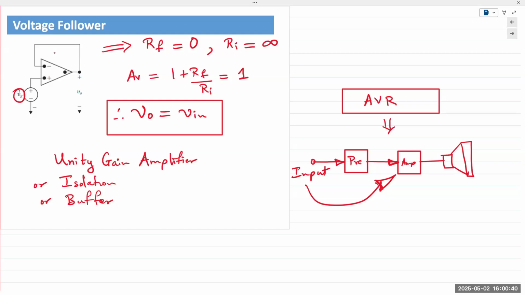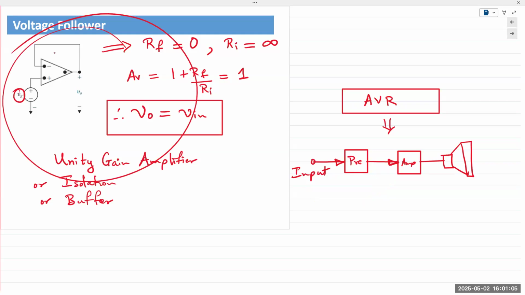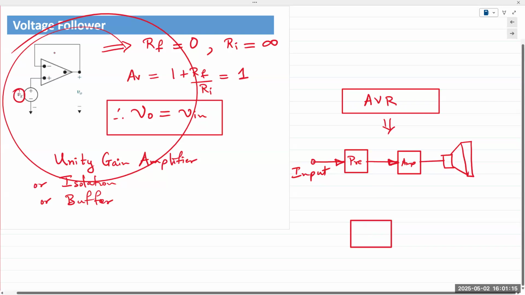But before we increase the voltage, we need to increase the current. And to increase the current, we use this kind of voltage follower circuit. So this voltage follower circuit provides a buffer between two other circuits. It isolates them. Any current that needs to come between these two circuits is provided by that buffer circuit. So let's say this is your isolation or voltage follower or buffer circuit.